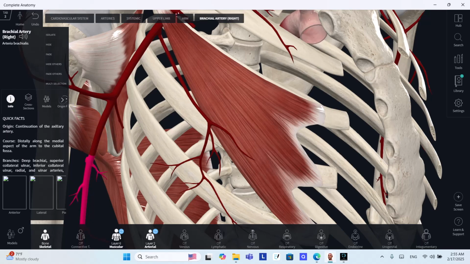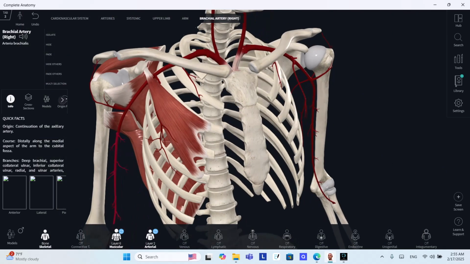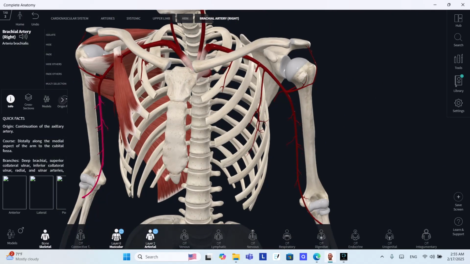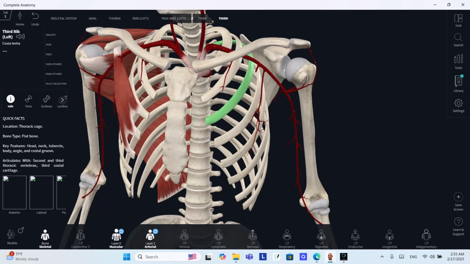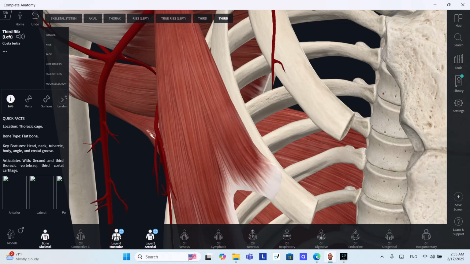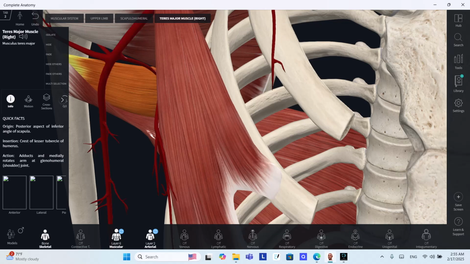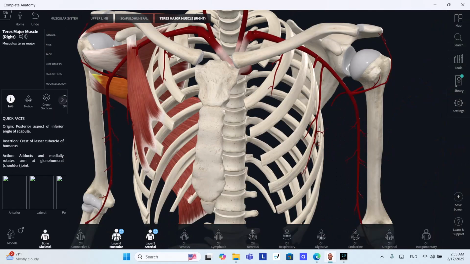So basically this is all about the axillary artery. We need to know the beginning: it's from the subclavian, and this subclavian comes from the aortic arch. Then the termination: it terminates at the inferior or lower border of the teres major. And we need to know the branches.